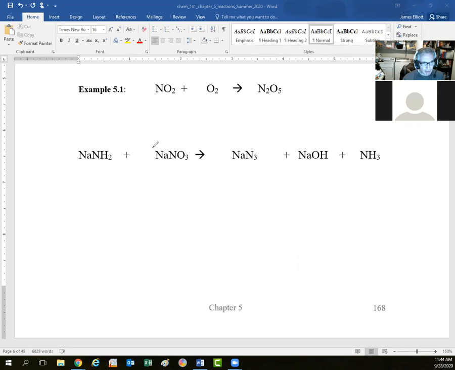Sodium appears twice on the left, it appears twice on the right. That's going to make things tricky. Nitrogen appears twice on the left and appears twice on the right in sodium azide and also in ammonia. And the only thing which appears exactly once on the two sides is oxygen, once on the left and once on the right. That's a great place to start.